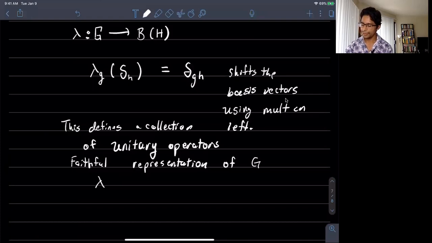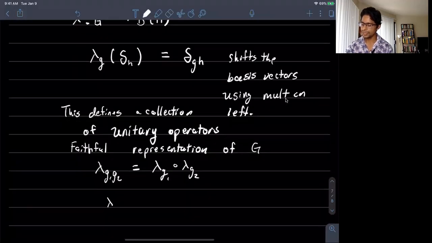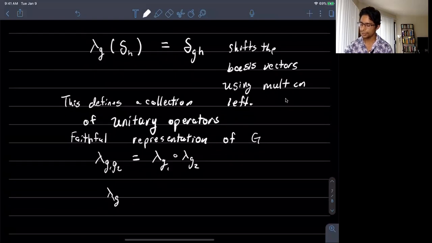So lambda of G1 G2 is the same thing as lambda G1 multiplied by lambda G2. And in fact, since this is a unitary, you can check that the adjoint here corresponds to the inverse group element.